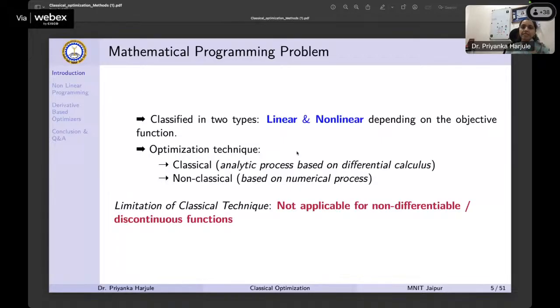Further, the techniques can be divided into classical and non-classical. Classical techniques basically make use of derivatives, differential calculus, and non-classical techniques are based on some numerical techniques. So we won't be dealing with the non-classical ones in this lecture.